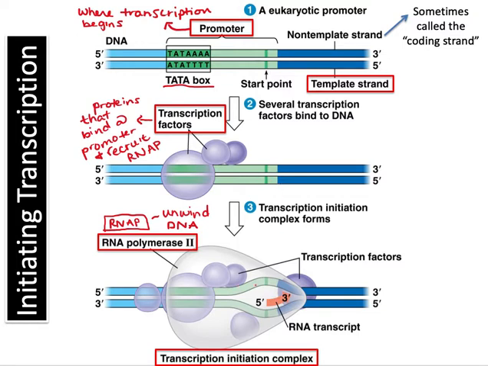When all of these things are together, we call that the transcription initiation complex. So the transcription complex is when RNAP is bound at the promoter, or to the transcription factors at the promoter region.